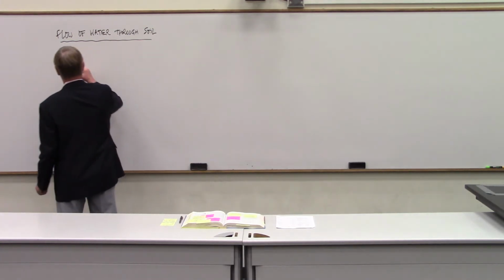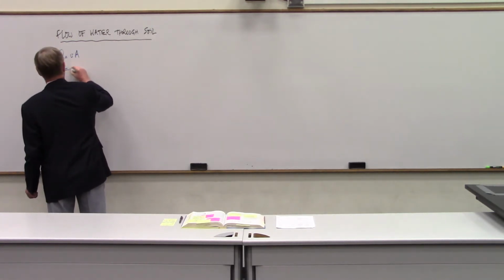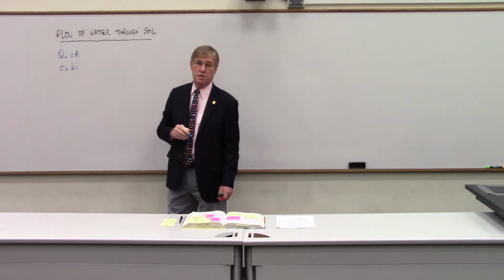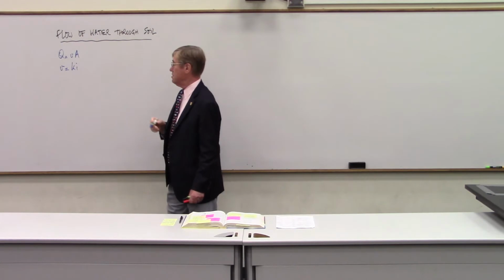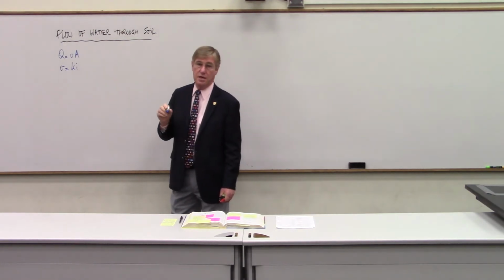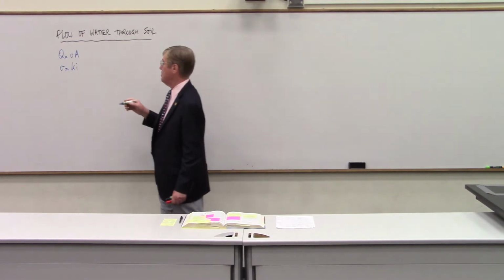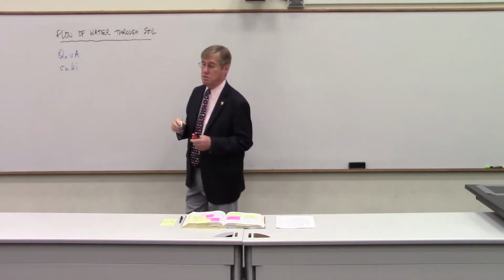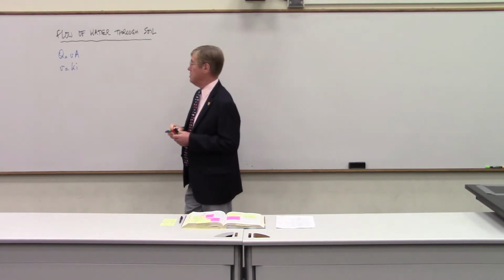We also saw V equals KI, which is Darcy's law. V again is the discharge velocity, K is the soil permeability or hydraulic conductivity, and I is the hydraulic gradient. These are the two main equations.